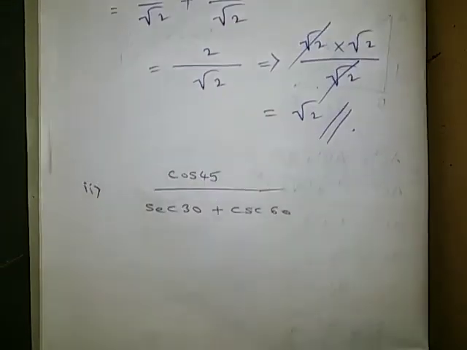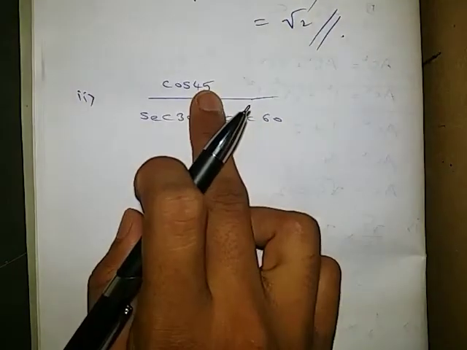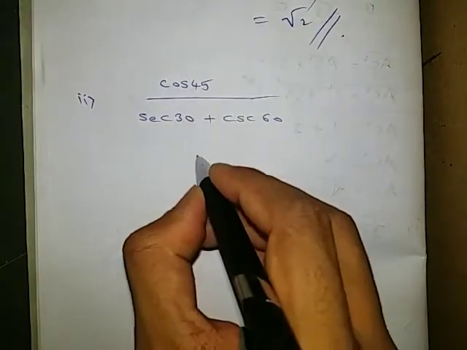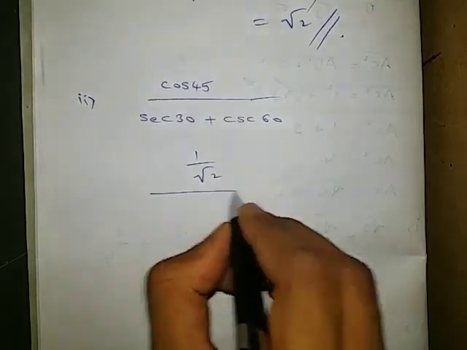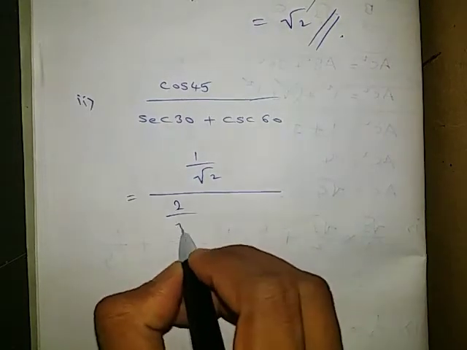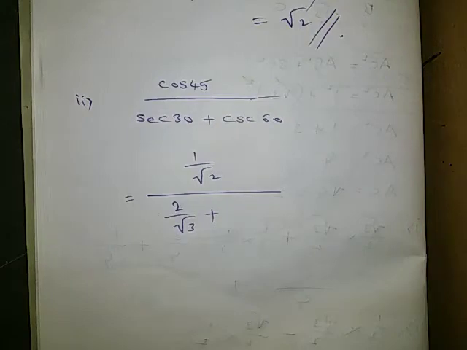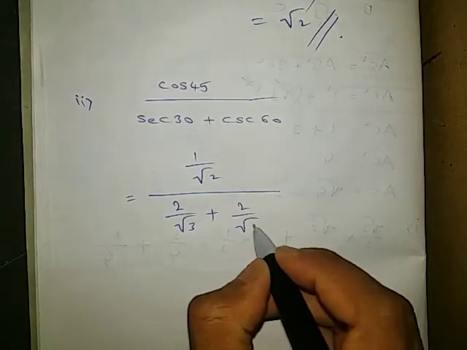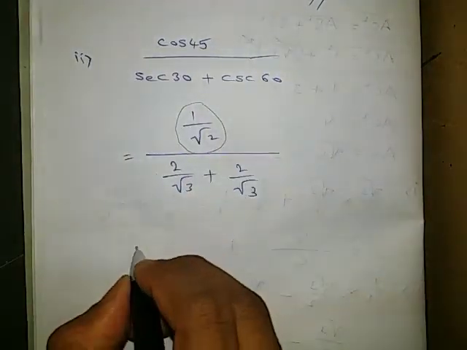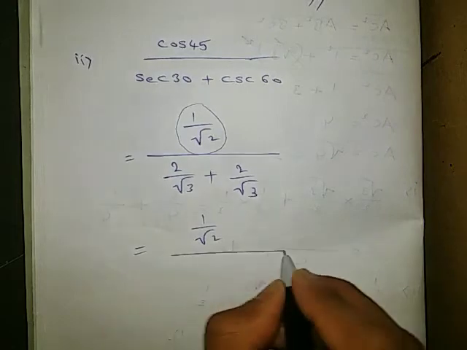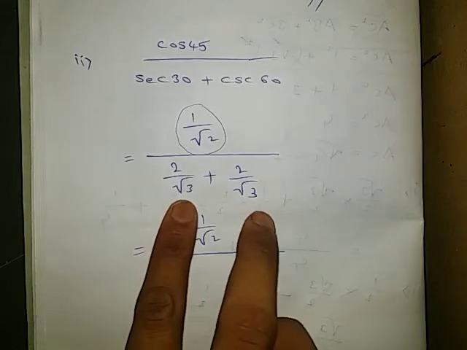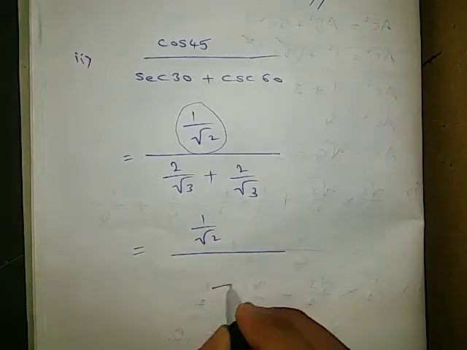Let's move to the next question. What is the value of cos 45 divided by secant 30 plus cosecant 60? So cos 45 is 1 by root 2, whole divided by secant 30, 2 by root 3, plus cosecant 60, 2 by root 3. Here I will write the numerator as it is, that is 1 by root 2, whole divided by, in this denominator we have two terms with the same denominator root 3.